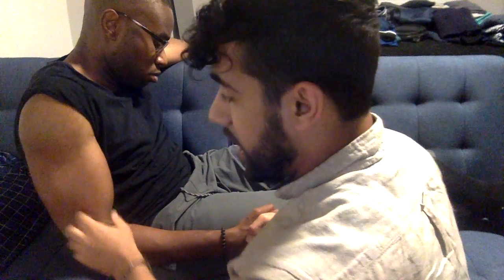Now that the belly of the biceps is isolated due to the resistance of my hand, we're going to go to the distal part of the biceps brachii and go laterally.